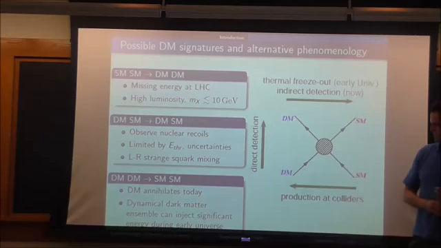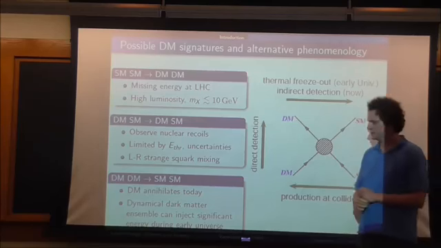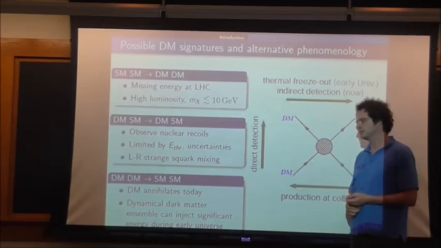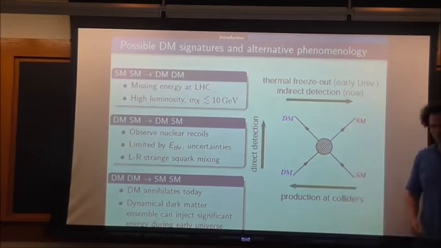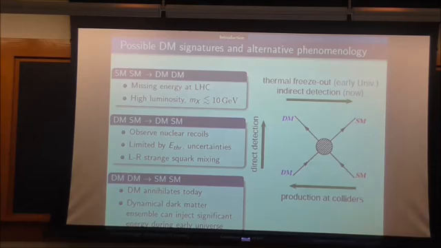And then for indirect detection, dark matter annihilating today, but I'll talk about lots of different dark matter fields annihilating in the early universe and changing observables, whether they're light element abundances or CMB ionization history.